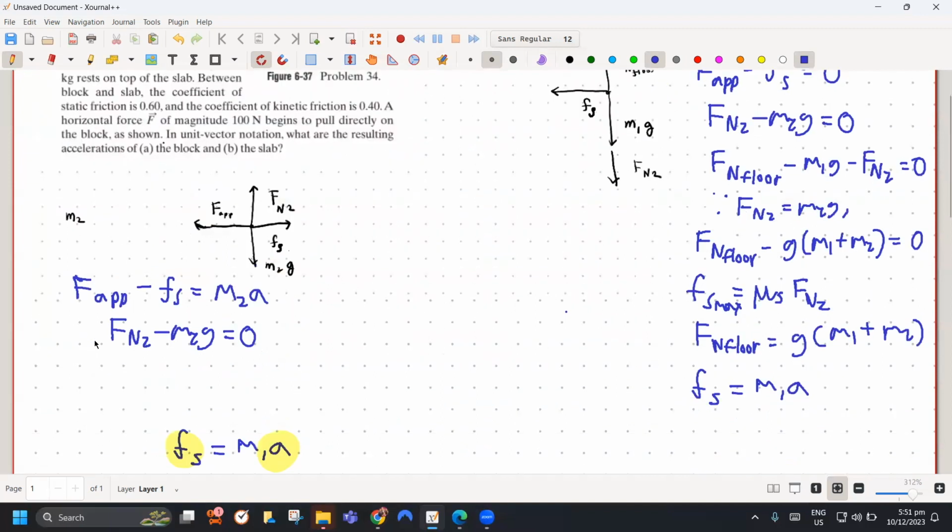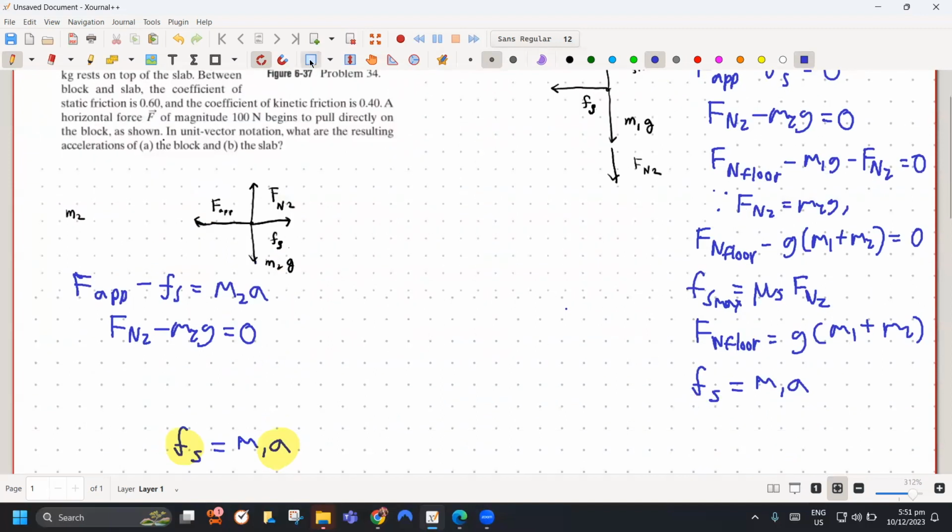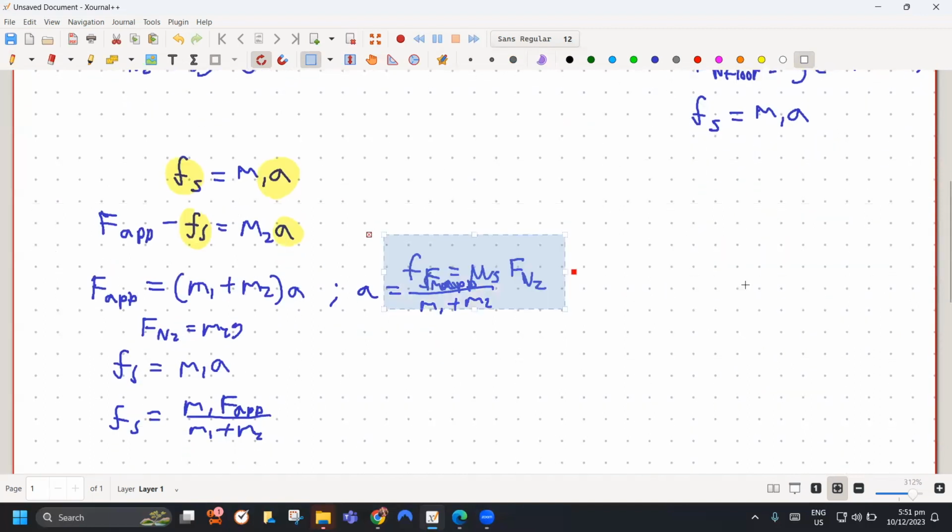Fs max. In terms of the given, what is Fs max? We don't know FN2 yet, since it's computed. We want to express that in terms of the given, which are M1, M2, g, and the coefficients.